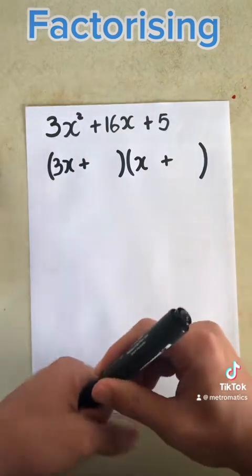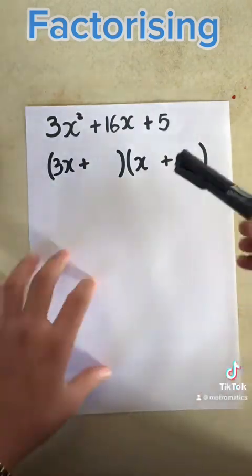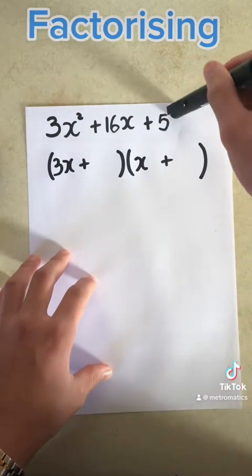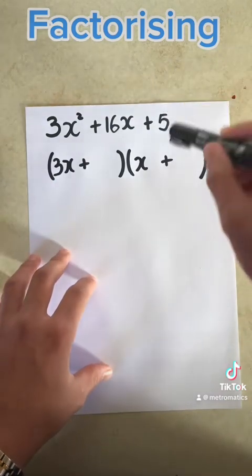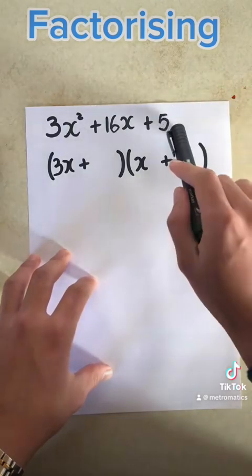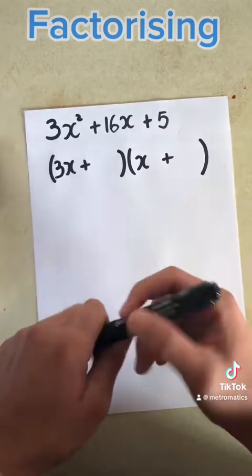Then I need to check what two numbers I can multiply in order to get this constant over here. You can see only 5 times 1 can work.